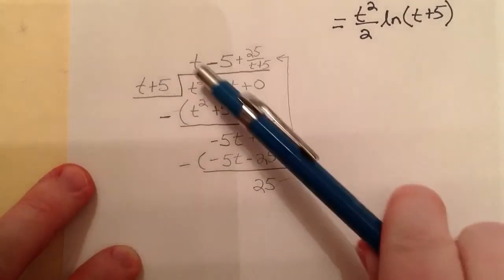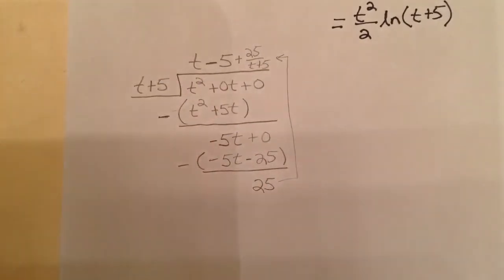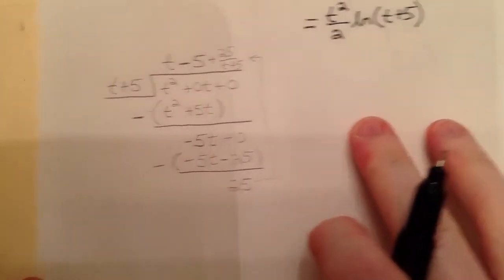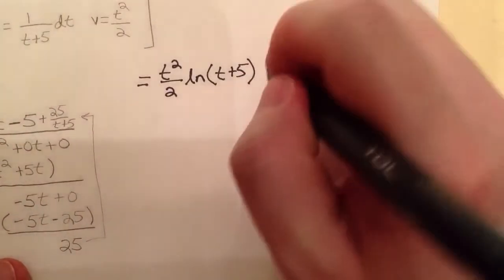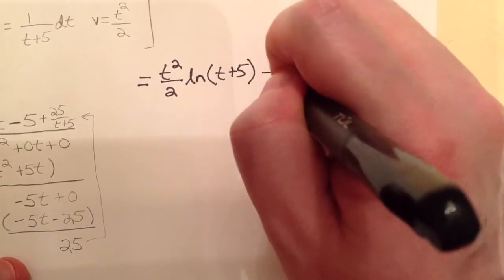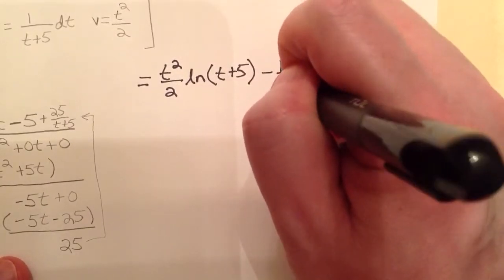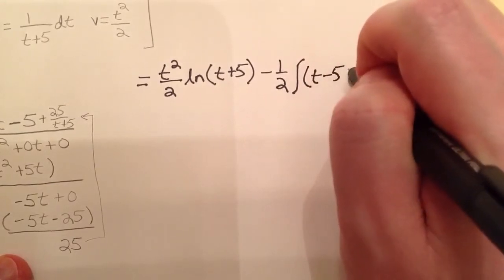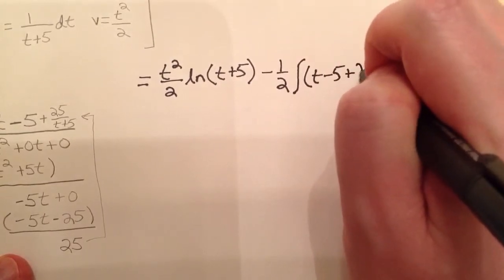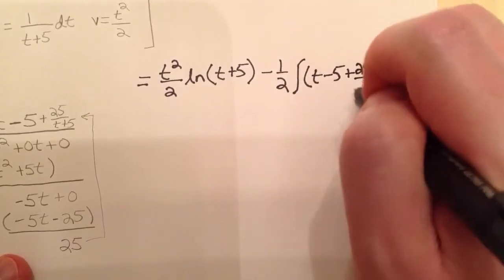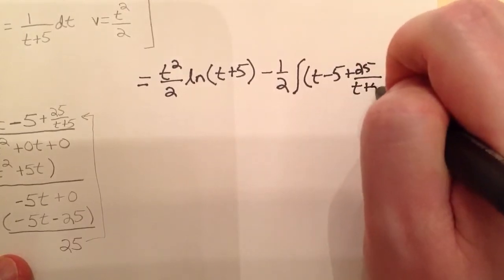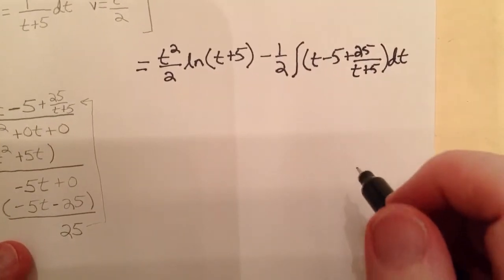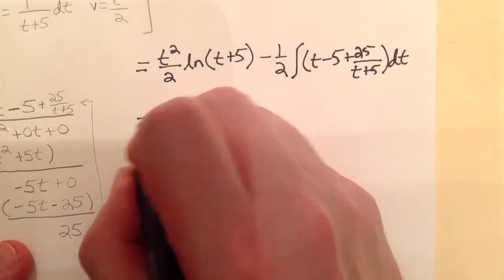And as we carry this over to our integral statements, in the setup, again, we have minus 1/2 of the integral of t minus 5 plus 25 all over t plus 5 dt.